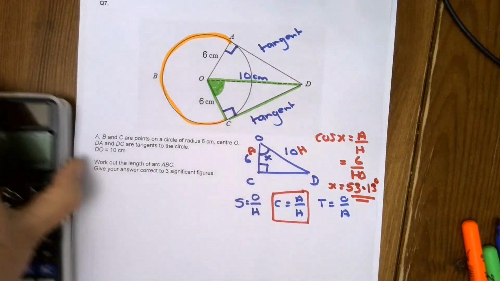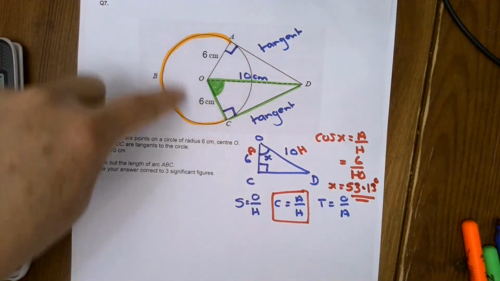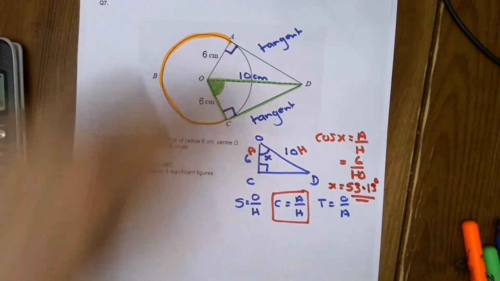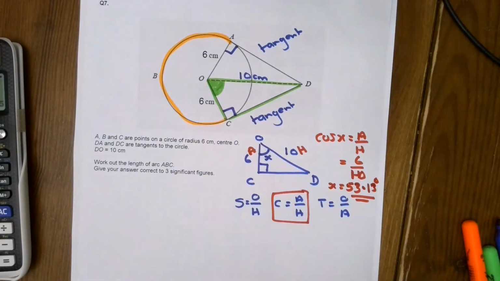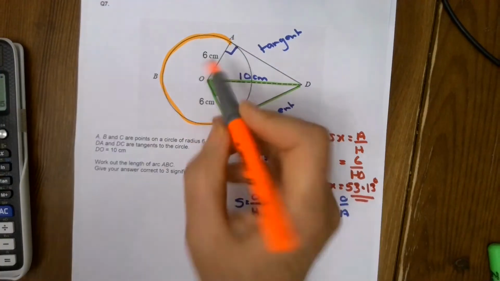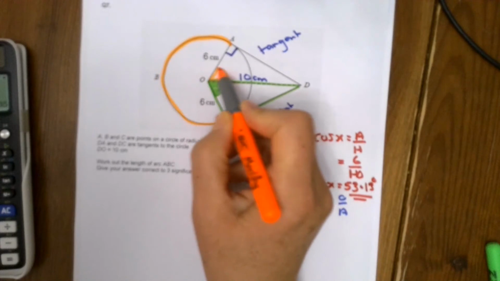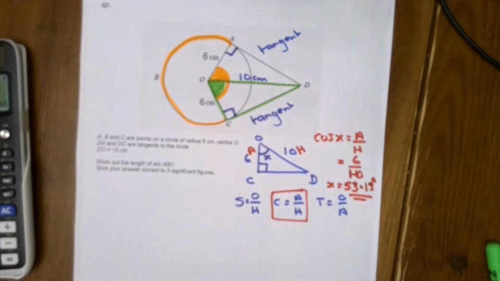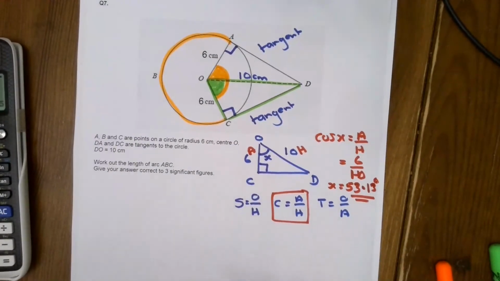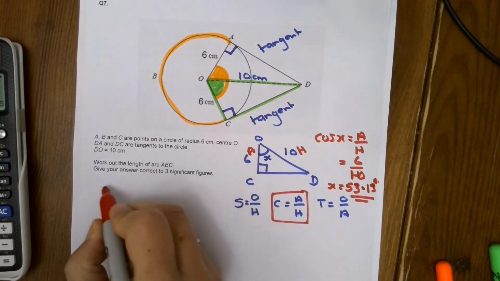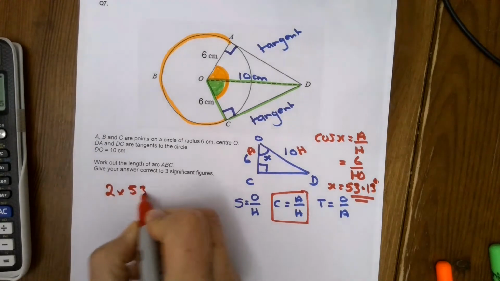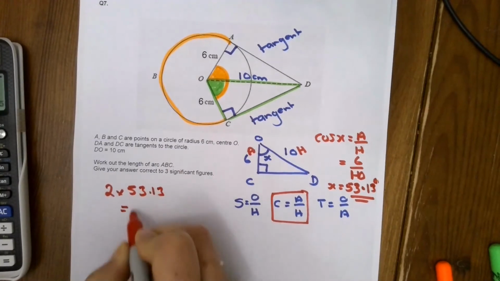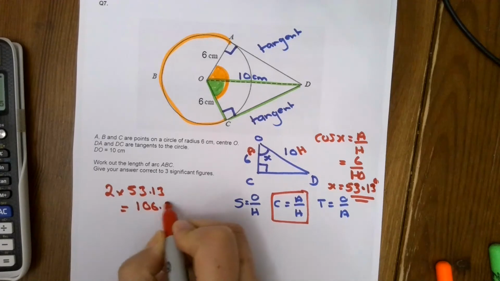So going back to finding the arc, the other angle on the other side will be exactly the same. So the total of these two angles will be double 53.13, which will equal 106.26 degrees.